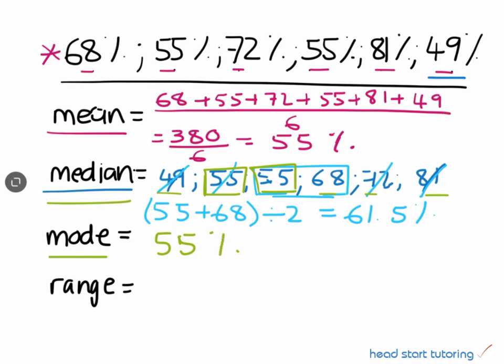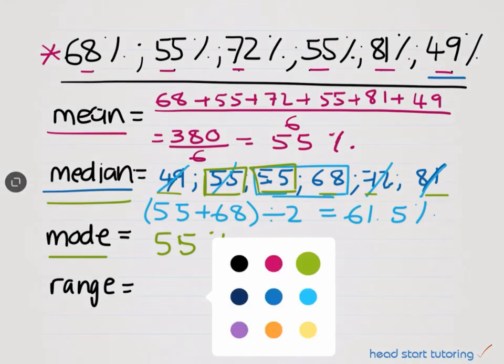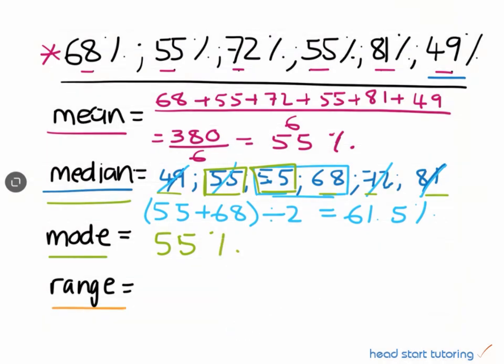Okay, now the range, as we've learned, is the highest number minus the lowest number. So our highest percentage was 81 and our lowest percentage was 49. If we work that out, we will get a range of 32%.